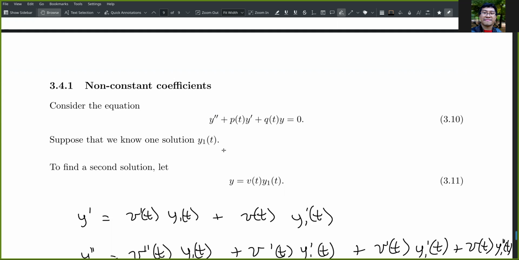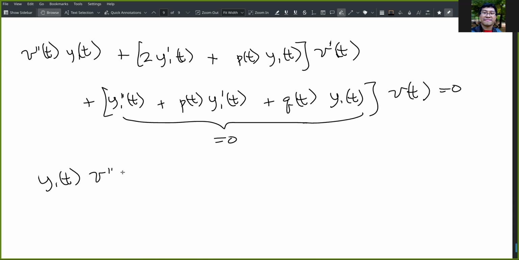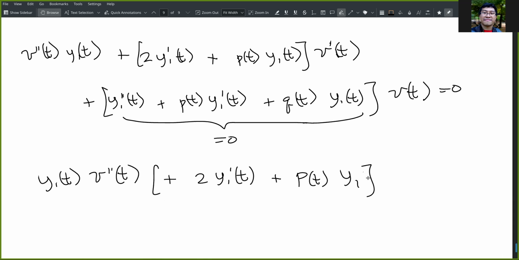We're replacing y by y1, but y1 is a solution, so this should be 0. So we are left with y1 t v double prime t plus 2 y1 prime t plus p t y1 t, times v prime t equals 0.